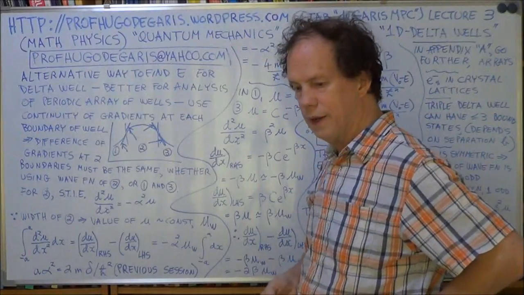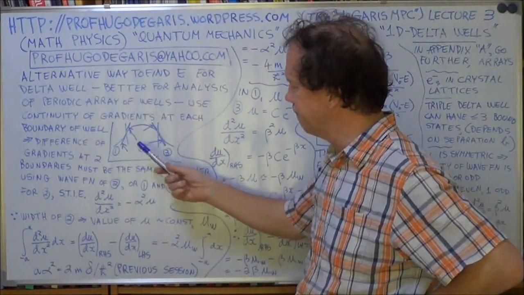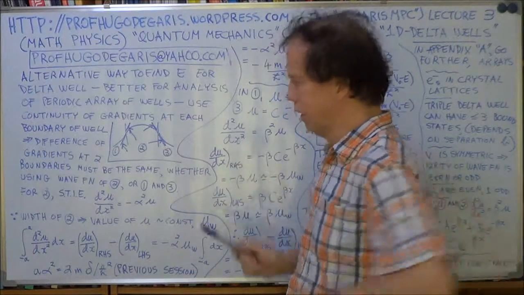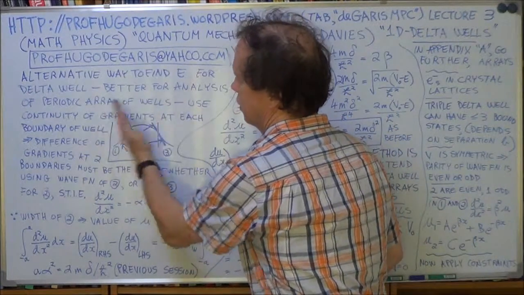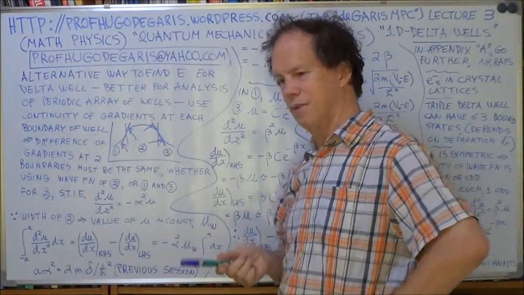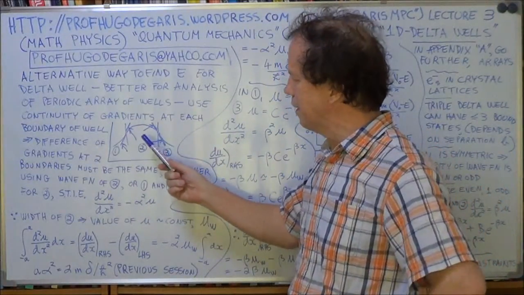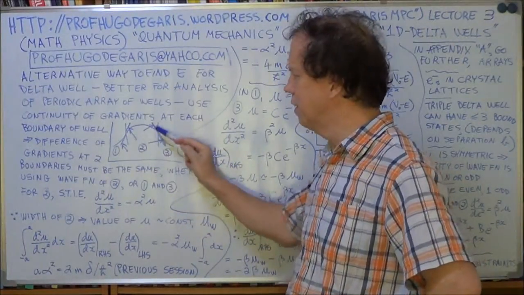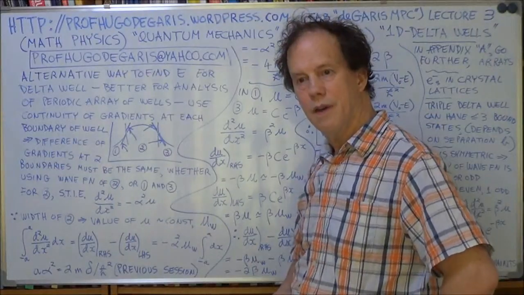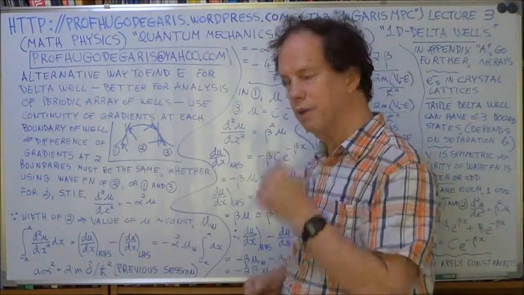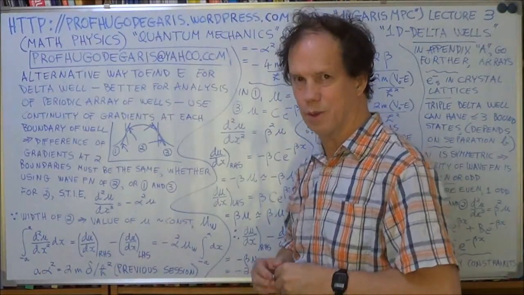Now let's assume the potential is symmetric. The potential is a mirror image, and therefore, from that very useful theorem that we did a couple of sessions back, if the potential is symmetric, then the wave function has to have odd or even parity. That was a theorem that we did, and it's saving us a huge amount of work.